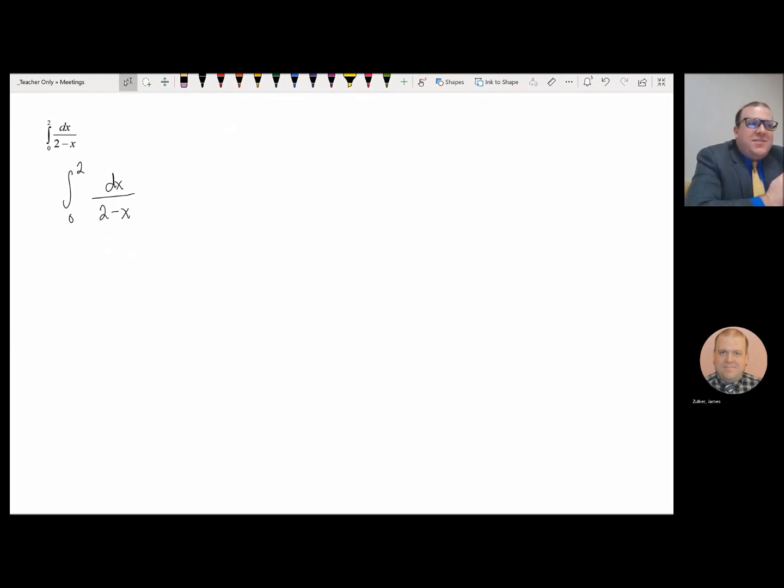What is the integrand? What's the function? 1 over 2 minus x. Where does that have a discontinuity? At 2. Is 2 in the interval? It is, so this is improper.